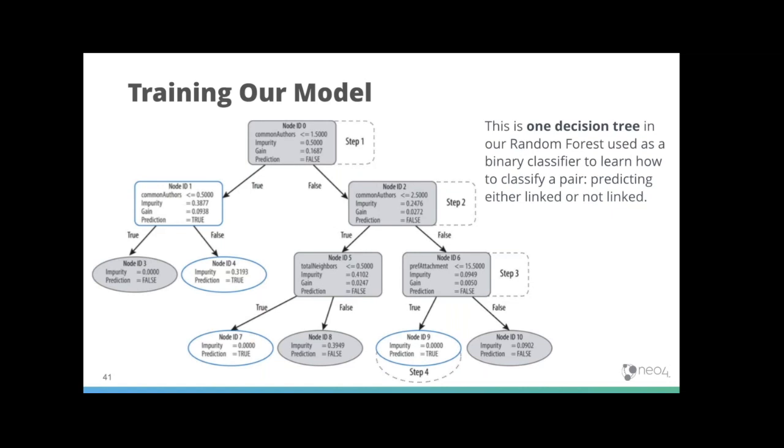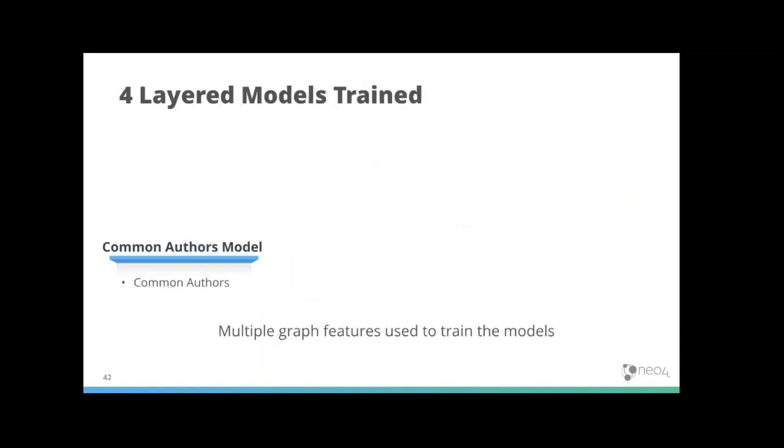Now we did 4 different models and we layered them on each other. We started with that common author model, which uses the common author algorithm. We then created a model we called the graphy model, and that used common authors, but then it added in that preferential attachment, looking at how popular you already are or how many co-authors you already have, plus the total number of neighbors as well.